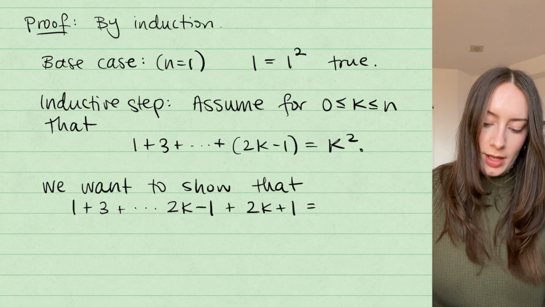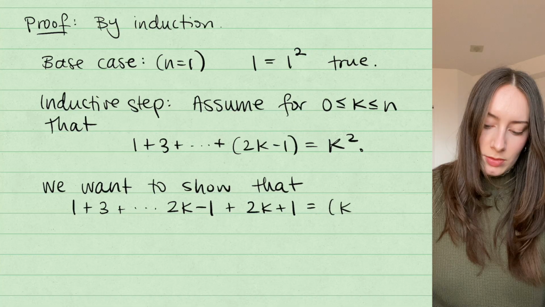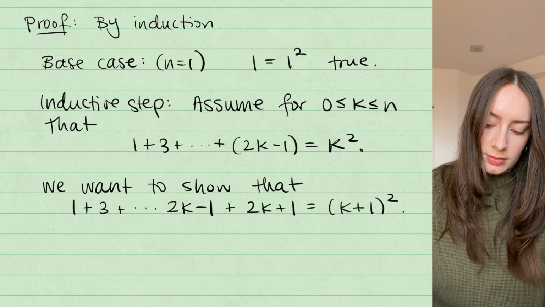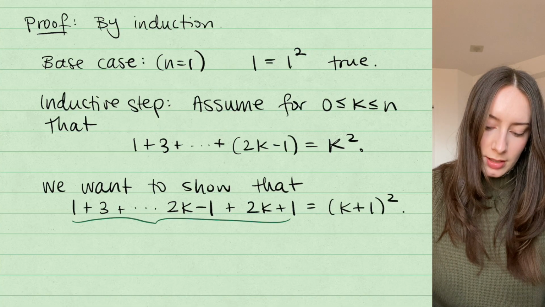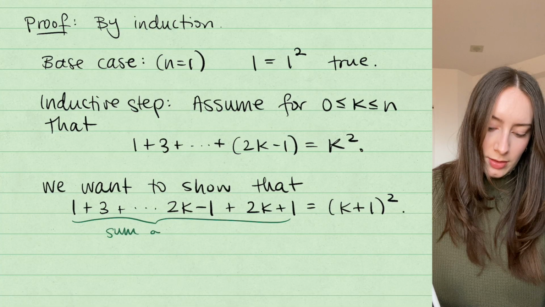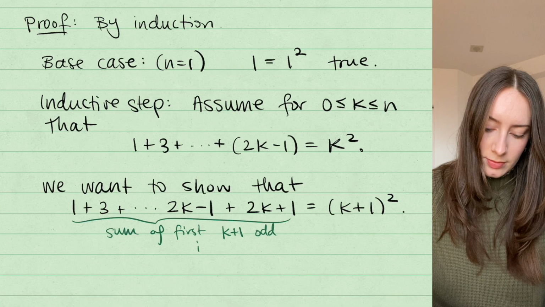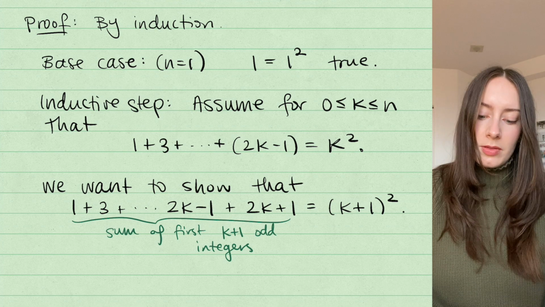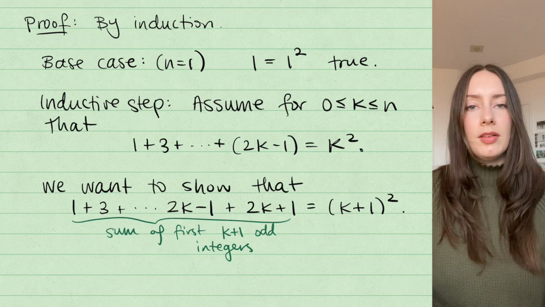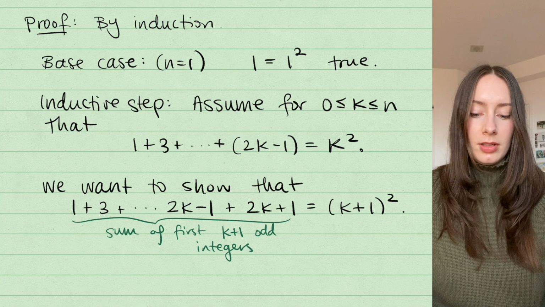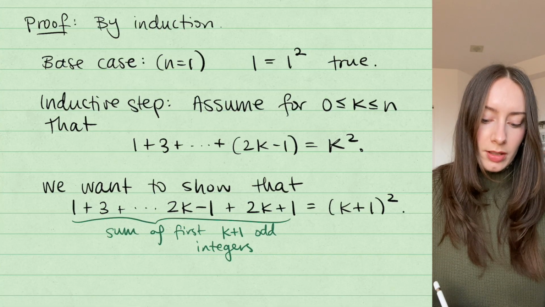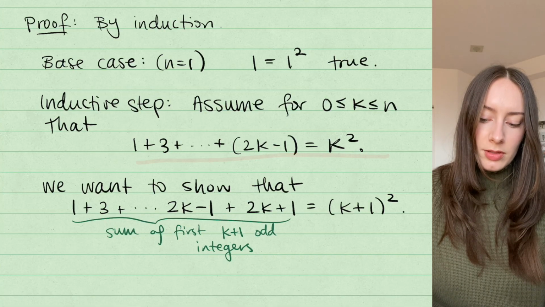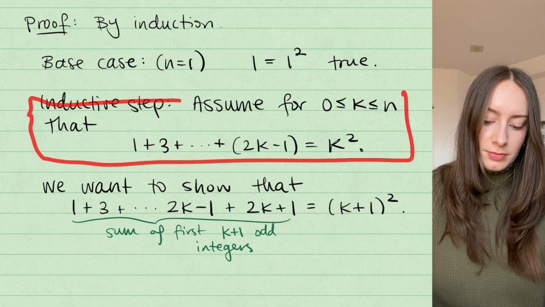So I'm trying to show that this is equal to (k plus 1) squared. On the left-hand side, I've got the sum of the first k plus 1 odd integers, and on the right-hand side, I've got (k plus 1) squared. So this is the statement P(k+1). This is what we're trying to show, and we're going to show it using our assumption that P(k) holds.